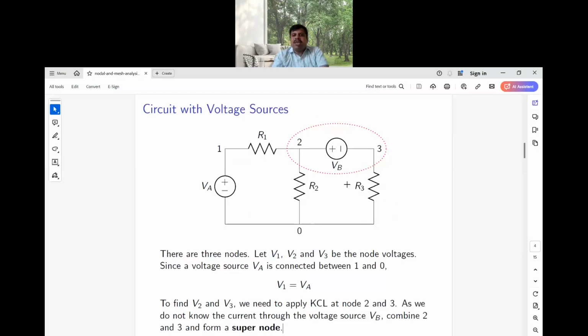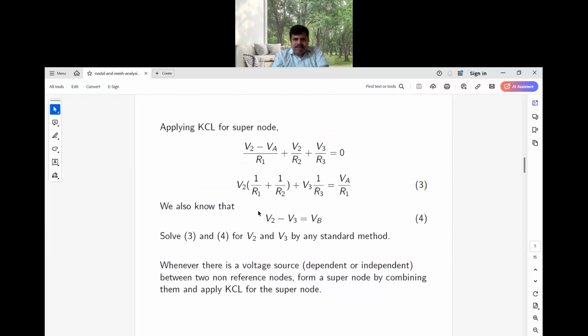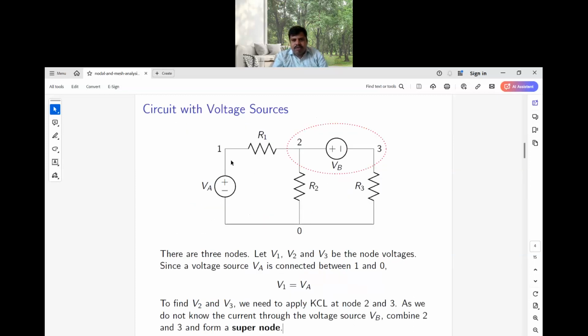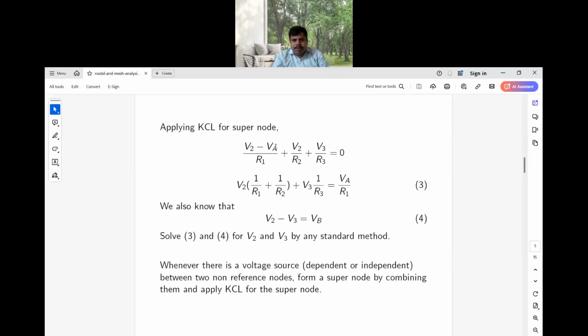Now that will be equal to 0. So that we will formulate in the next slide. V2 minus V1 by R1, because at the first node the voltage is VA. So V2 minus V1 by R1 plus V2 by R2 plus V3 by R3 is equal to 0.